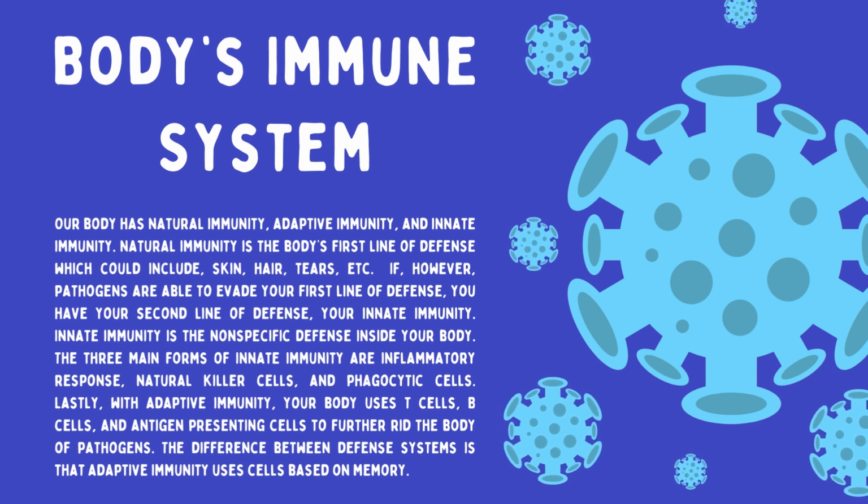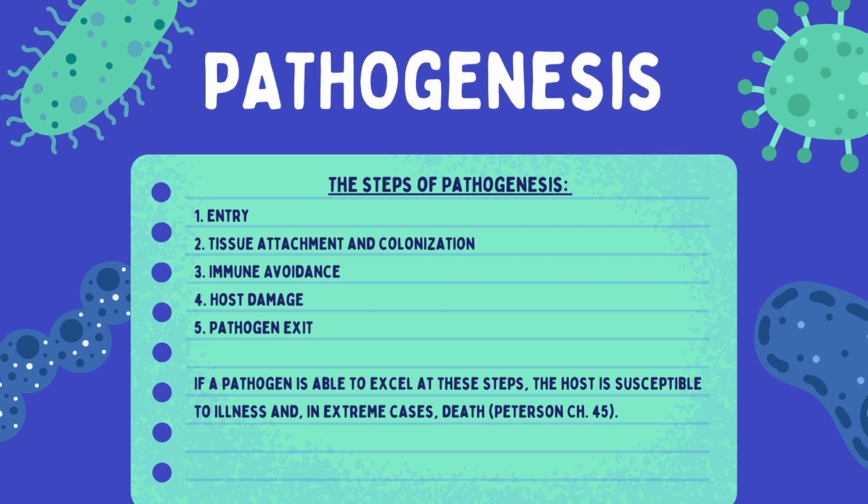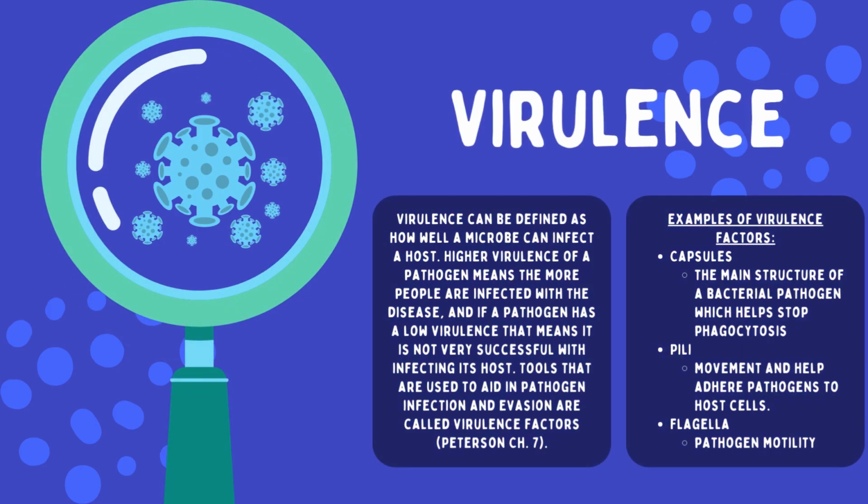Okay, so now after talking about our body's immune system, we're going to go on and talk about virulence and pathogenesis. So I'm going to go to the virulence slide first, just so it'll make more sense. So with virulence, we're talking about how well a microbe can infect a host.